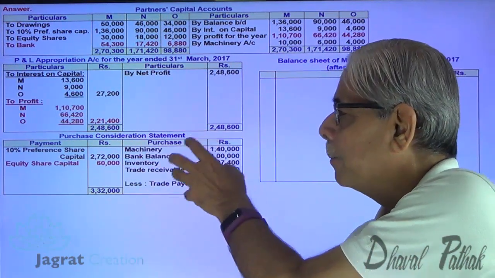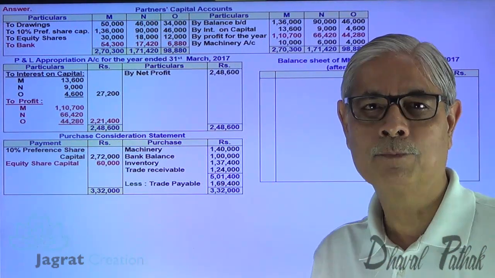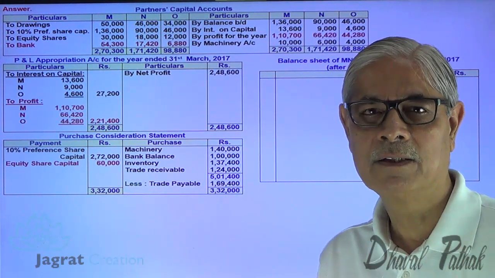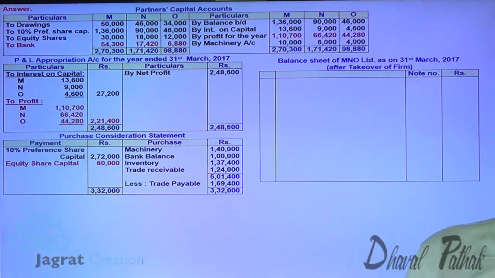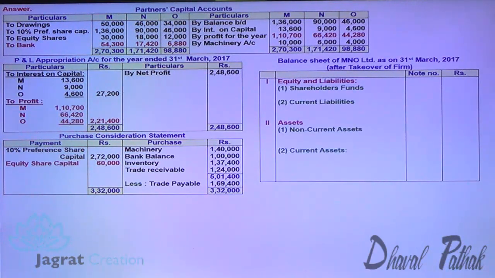So this is what the company acquired, and this is what payment is made. I will prepare the balance sheet in the books of the company after conversion in this format. So equity and liabilities: shareholders' funds, current liabilities, then come assets: non-current assets, current assets.